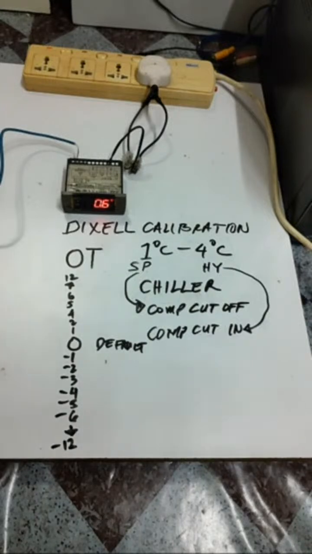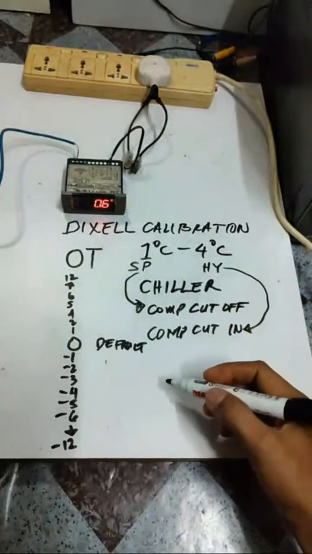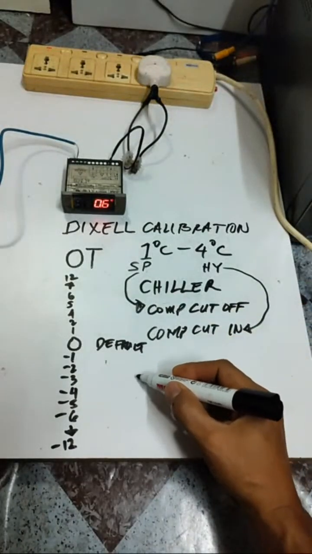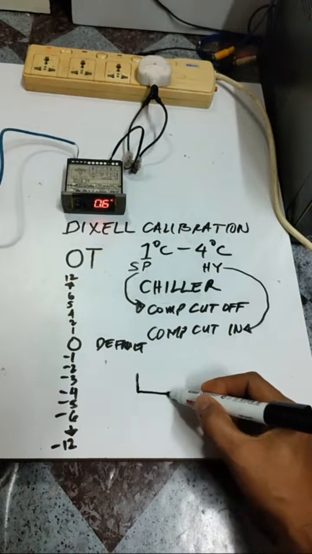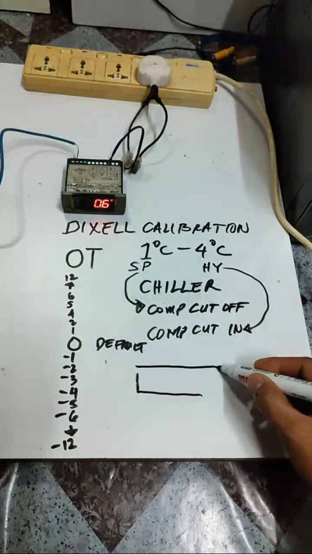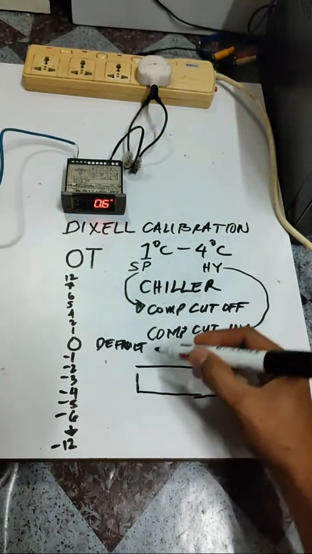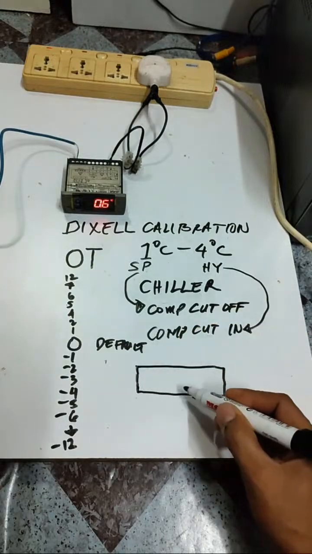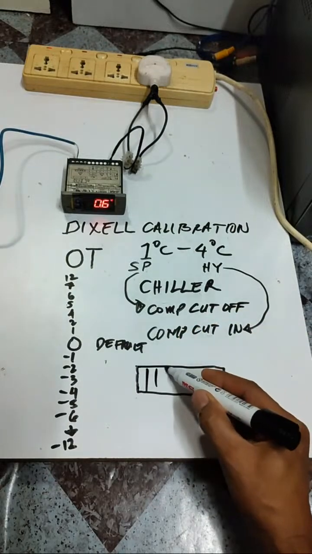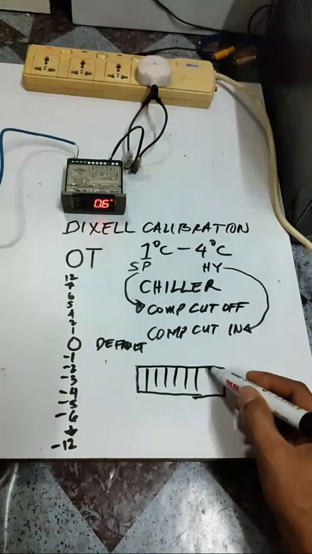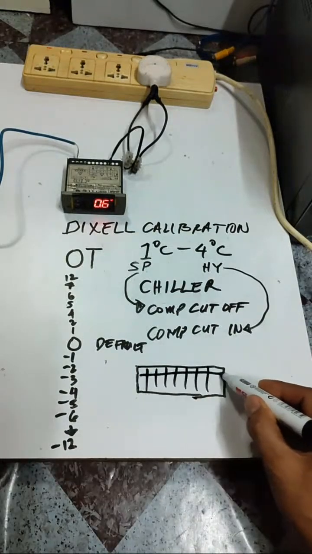For example, guys, we have a chiller, and let's say it's a topping chiller. In our case, we have a big table, so it has many more toppings here.